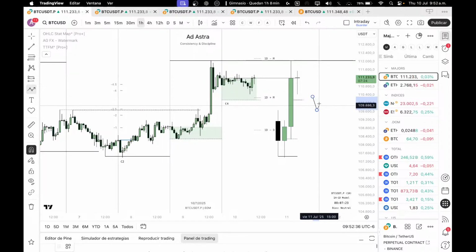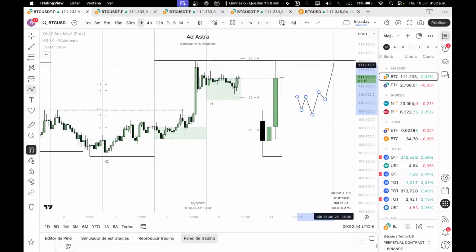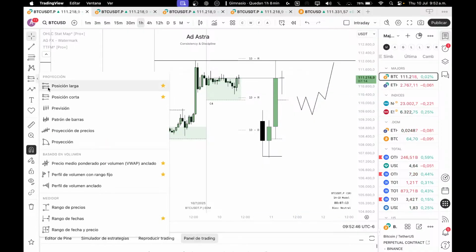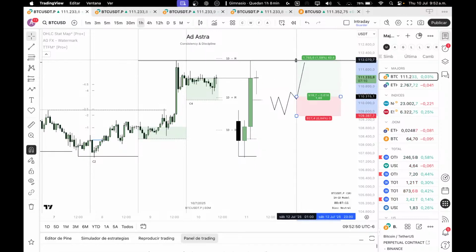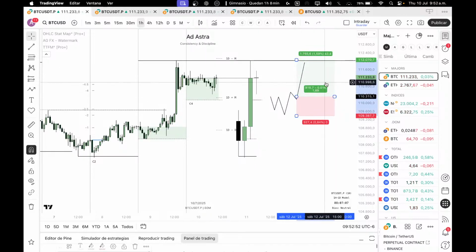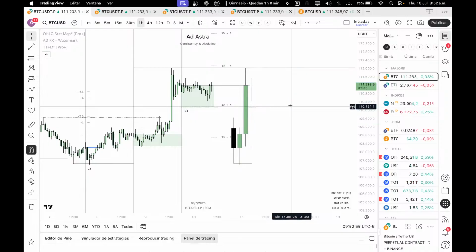I want to see a low. Maybe the low can get raided, but I want to see the change in the state of delivery, and then that's going to be my trigger for longs. Okay, that would be my trade to where? Just 2 highs or for 2 units.